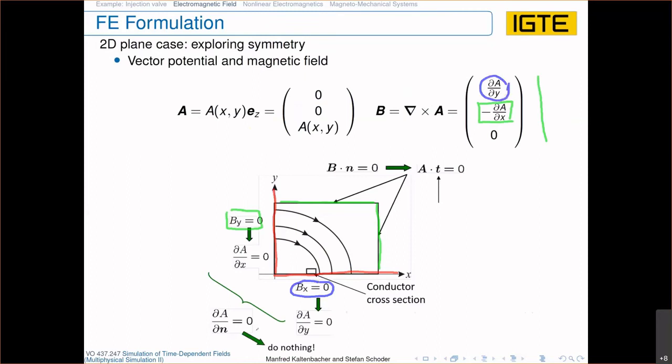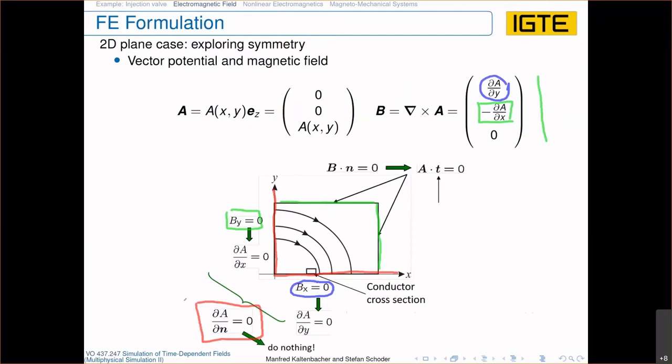When we combine it, we can in general write it as follows: the normal derivative of the z component of the magnetic vector potential should be 0, because along one boundary the normal vector is the unit vector in x direction, and along the other boundary the normal vector is the unit vector in y direction.